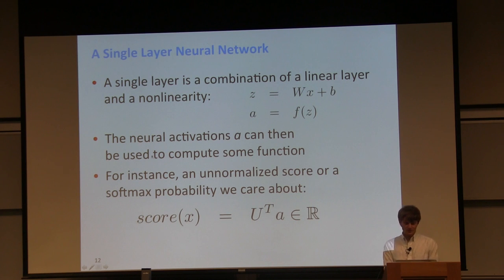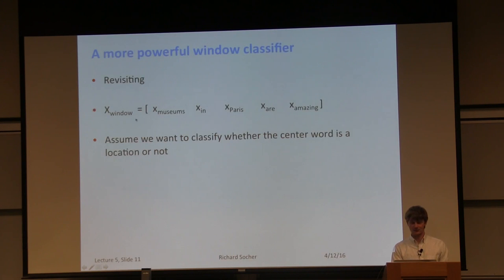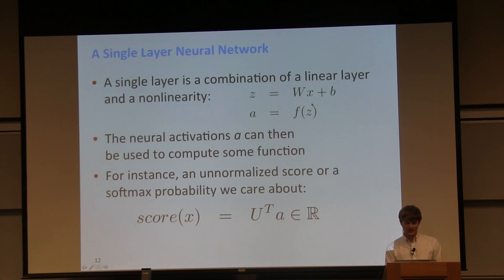And we now basically call A here our neural activations. And we can use that feature vector now instead of the original window, which was the concatenated word vectors here in X. So again, X is the definition here. For a single window, we usually just use X to define the concatenated word vectors of that window.